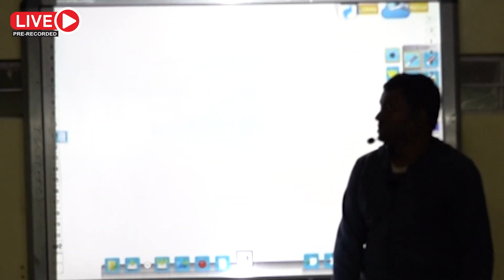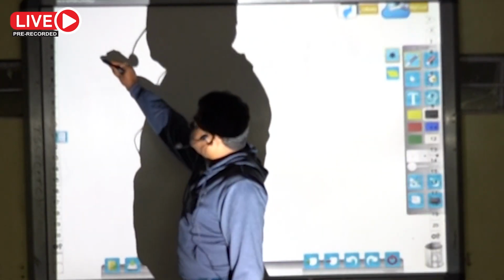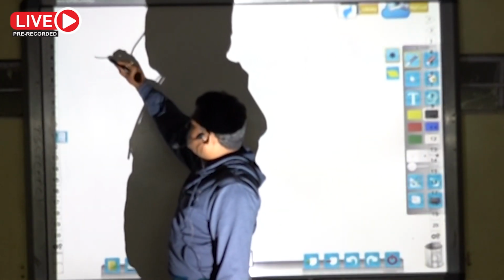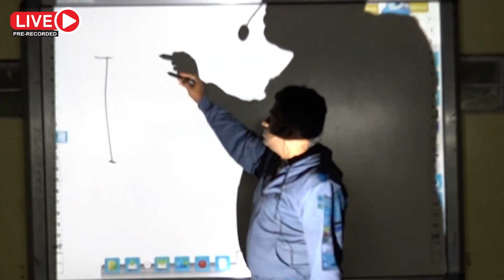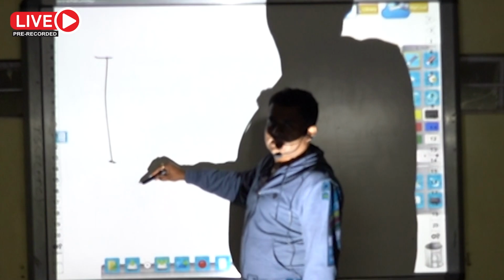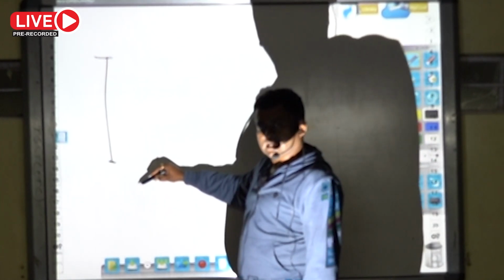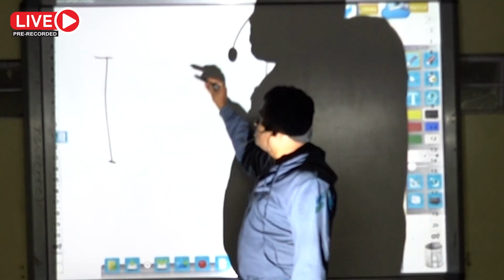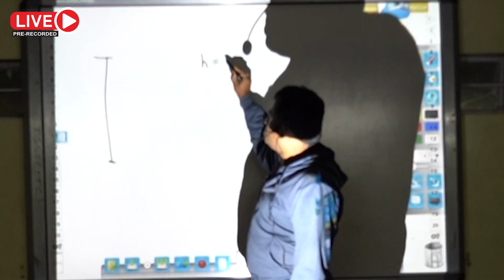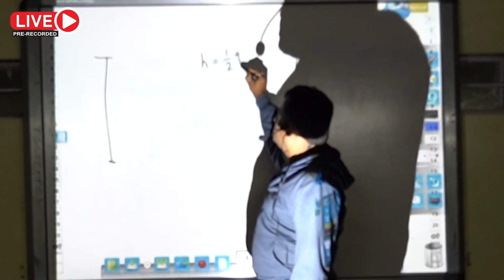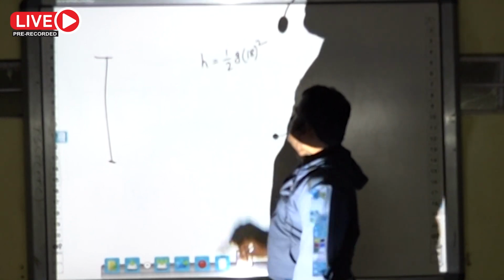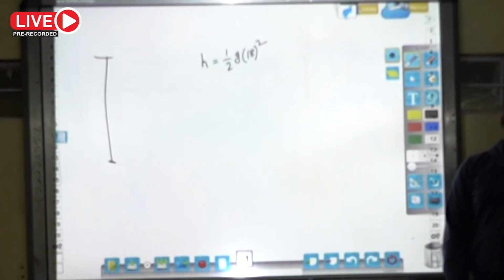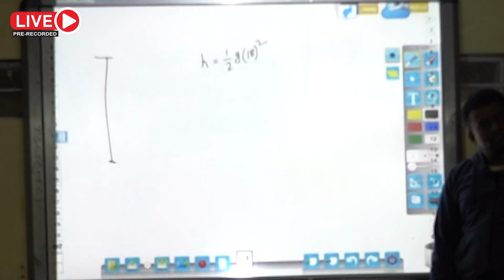So this is the platform, and if they meet at this point, then the first ball crosses this height in 18 seconds. So we can consider h equal to half g into 18 square.